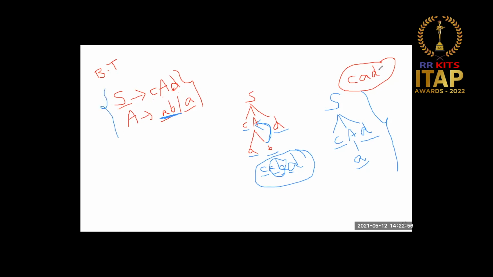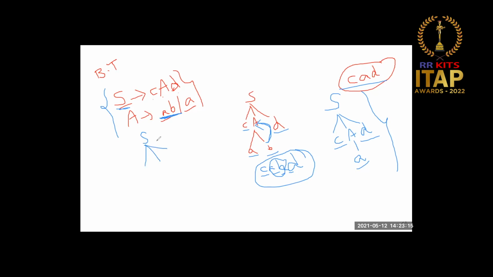Just here we need to consider one grammar, and we have to assume one string. This is the string we are going to consider. Once again, this is the grammar I have considered, and this is the string we need to derive. First I am going to start with the starting symbol, and here I am going to draw the parse tree.